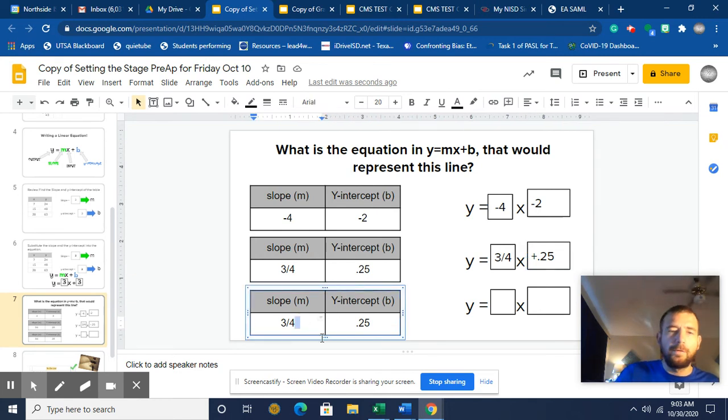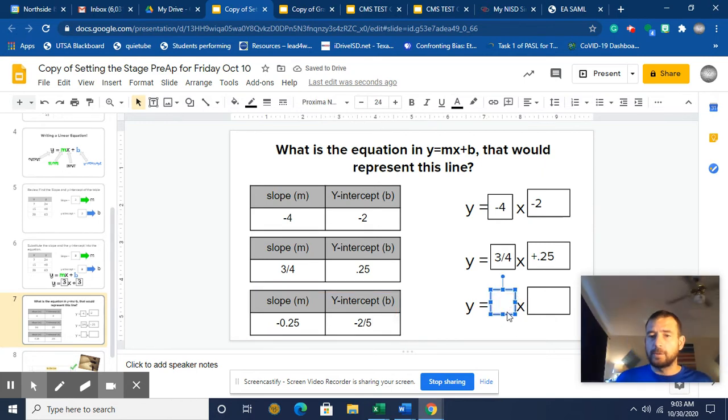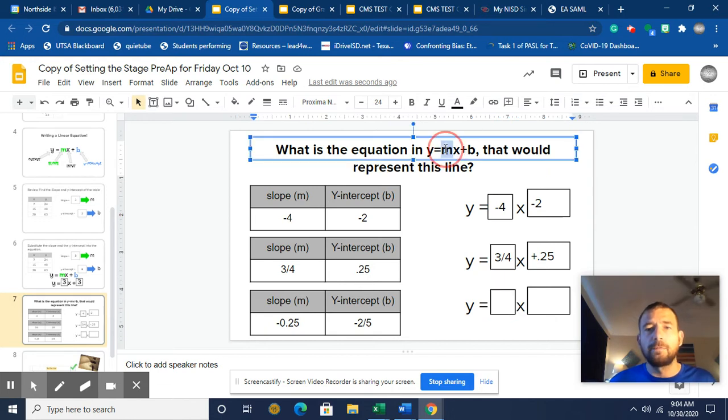So let's look at another one. What if I put in a slope of negative 0.25 and then a y-intercept of -2/5. Again, don't panic because those numbers are not nice looking. Literally, if m is equal to -0.25, then I'm going to place it where m would go. And I see that m goes with the x, in front of the x value.